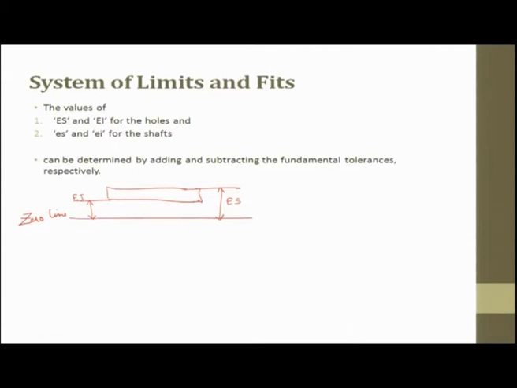This is for deviations for A to G. And if you take this 0 line, this is your ES and this is your EI.